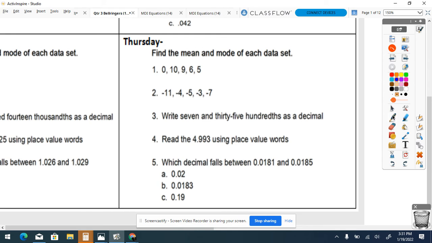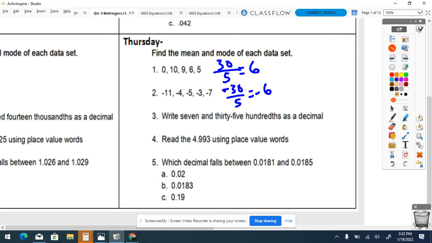So we should have got 30 for the top, divided by 5 because there's 5 numbers. So my mean is 6. And number 2, once again, you add them all up. We get negative 30 divided by 5 for a mean of negative 6.